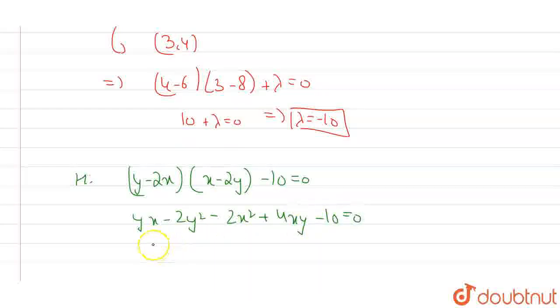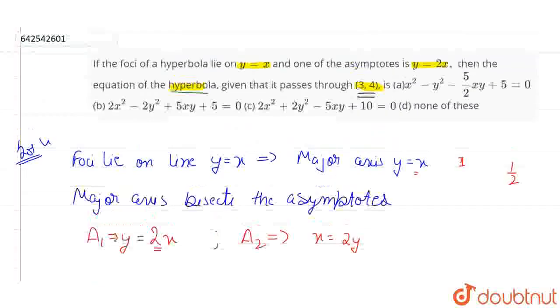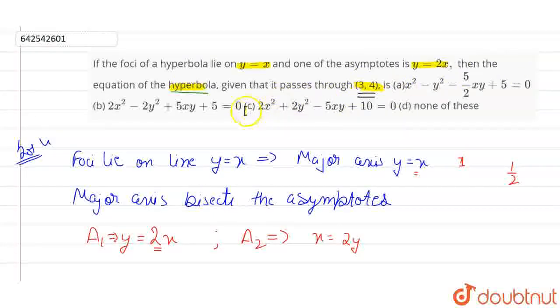If I simplify this more, this will become 2x square plus 2y square minus 5xy plus 10 equals 0. So basically my equation of the hyperbola comes out as 2x square plus 2y square minus 5xy plus 10 equals 0. If I go to the question, my correct option will be option number C, this one.